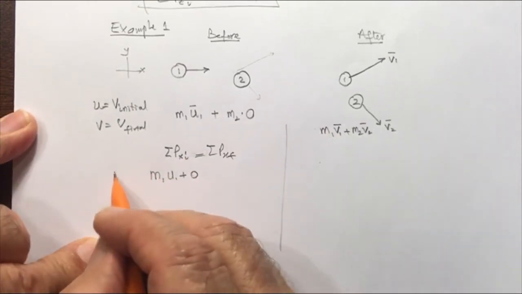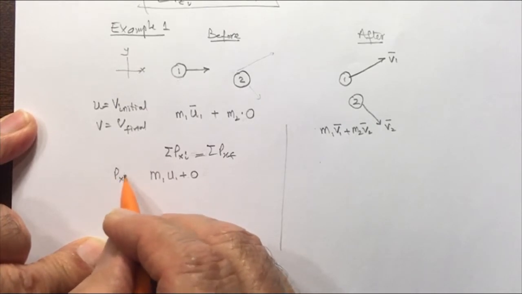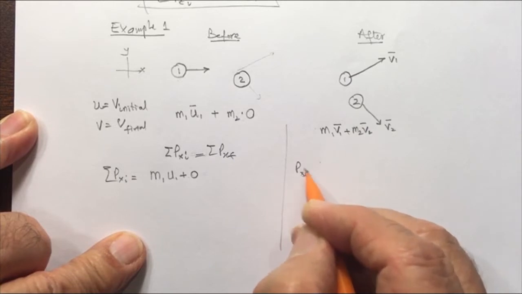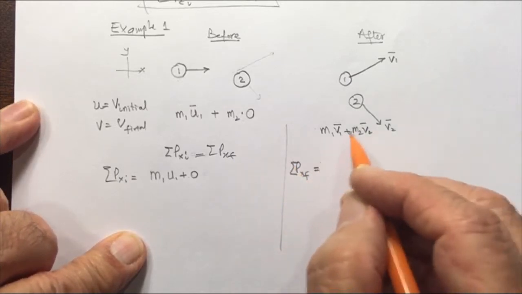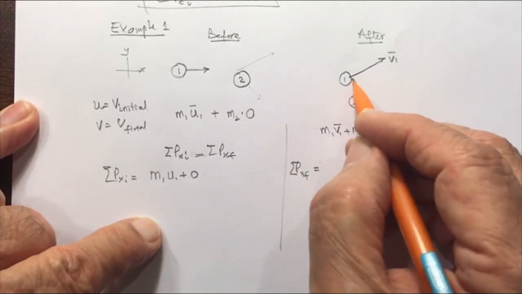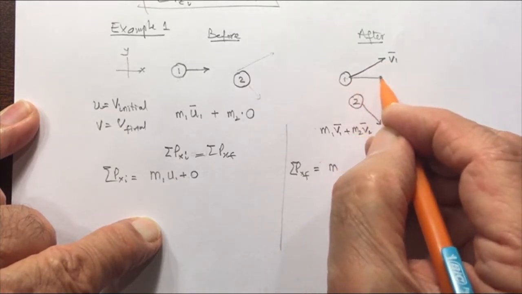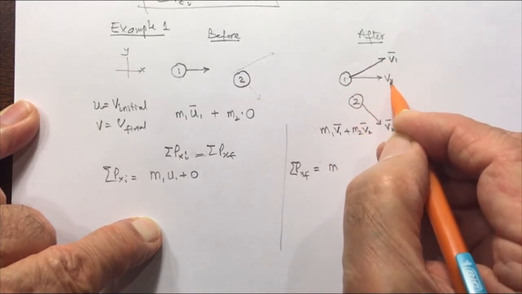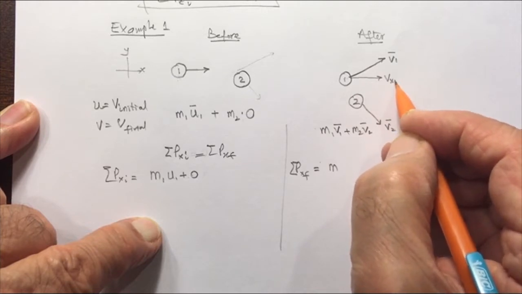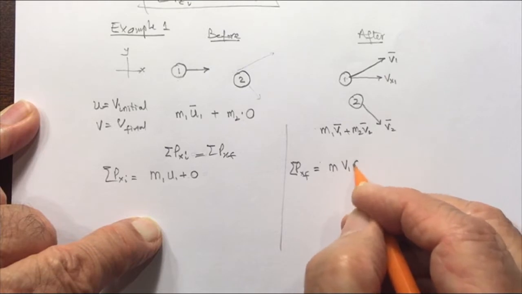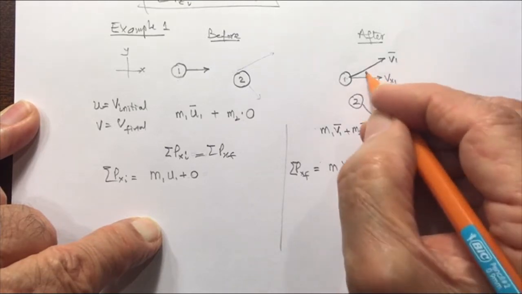So this is the px initial, and the px final is going to be m1 times the x component of v1, which is going to be v1 cos of this angle.